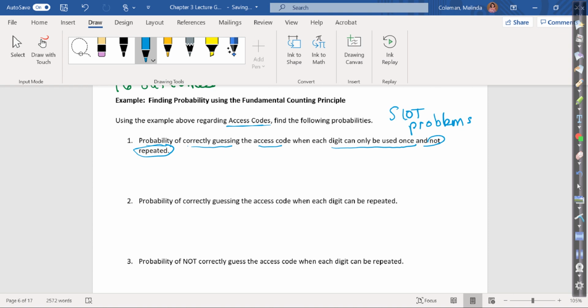So if you remember, I'll just do the first one. We had 4 choices. They could not be repeated. So the first option is 10, and then 9, and then 8, and then 7, and I multiply that together. We were given 5,040 different values.